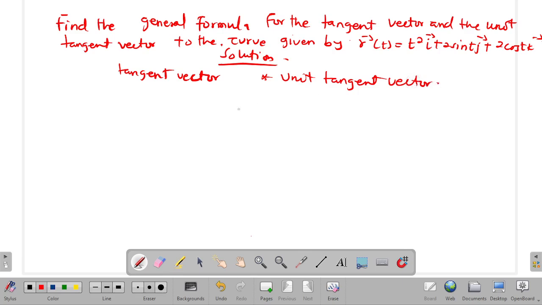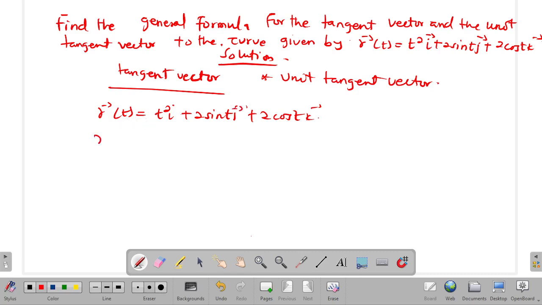So let's solve for the first one, the tangent vector. To solve for the tangent vector given any curve is simply by differentiating it. Finding the first derivative gives you the tangent vector. So this is my curve: r of t is equal to t squared i plus 2 sin t j plus 2 cos t k.